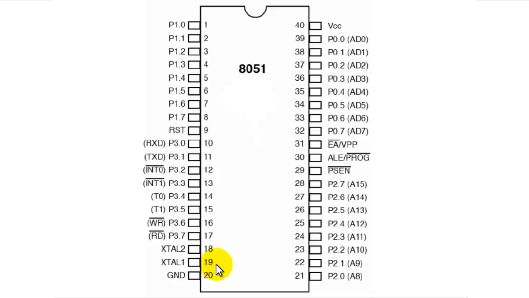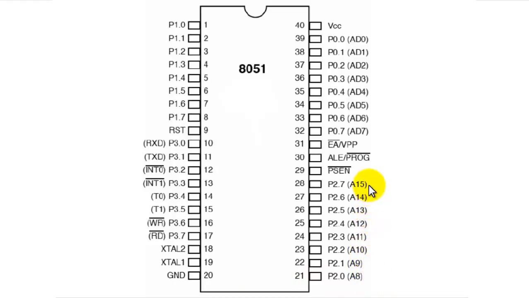Let us move on to pin number 21, which is P2.0, and also it is labeled as A8. That means this is the 0th pin of port 2, as well as the A8 bit of the address. Now I'll tell you what this address means. If you see here, it's going from A8 to A9 till A15.